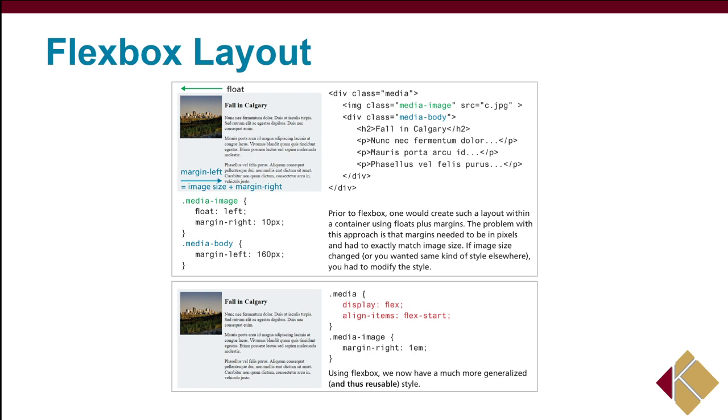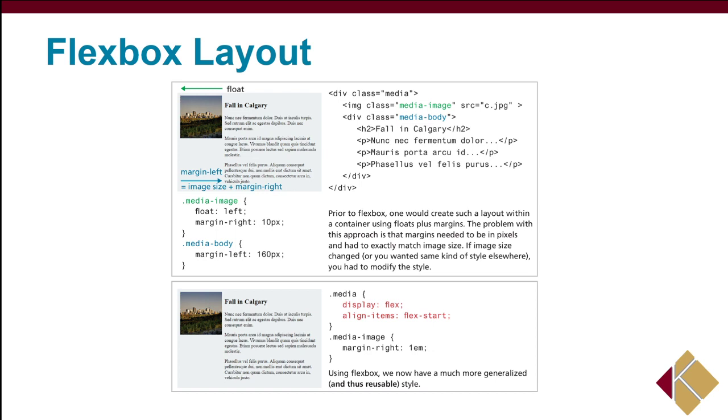Basically, what we would have to do pre-Flexbox is use floats and margins to fake columns. And we would have to be extremely cognizant of the sizes of all of our images and elements so that we could explicitly set those margins to make sure things were falling in the needed area.